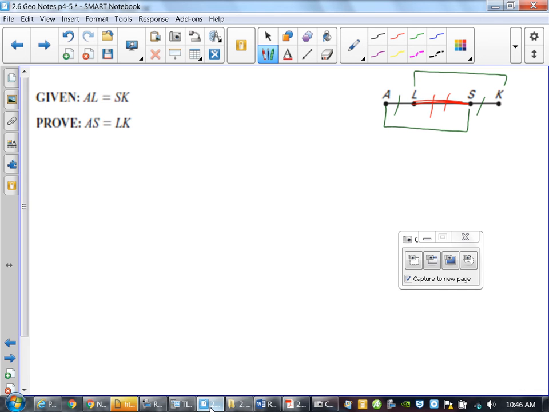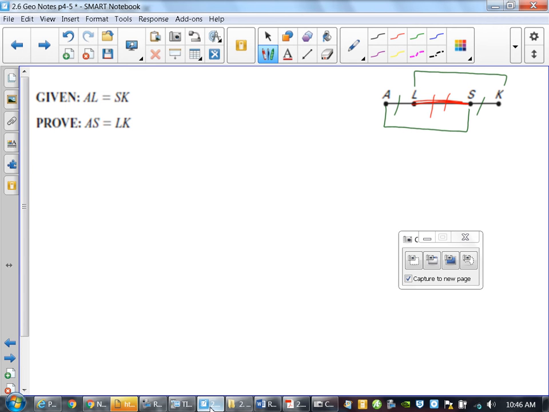Can you do AL and SK and combine them together? You're on the right track. But notice, isn't AS made up of AL and LS? Yep. LK is made up of LS and SK. So the two larger segments are made up of two smaller segments.